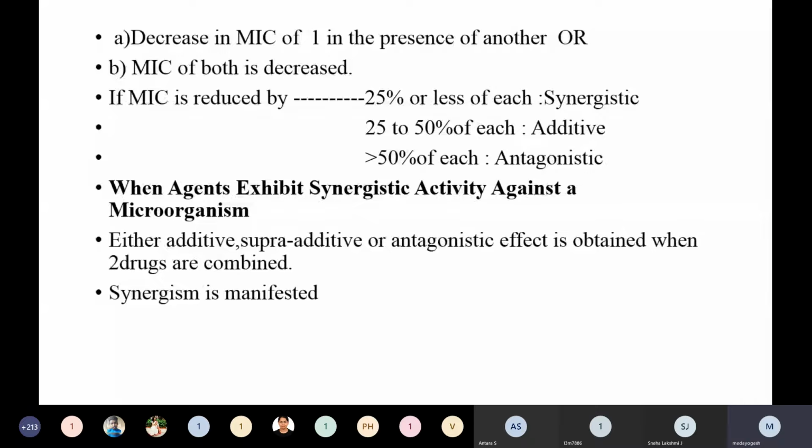If it is decreased between 25 to 50%, we call they have additive effect. If MIC is reduced by one drug more than 50%, then they have antagonistic effect.